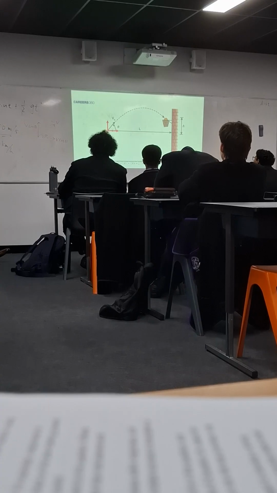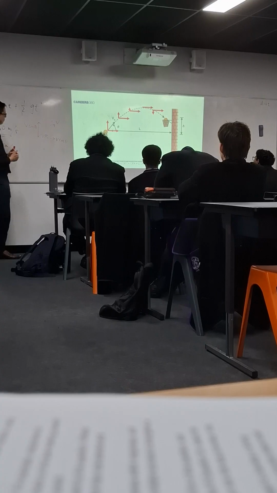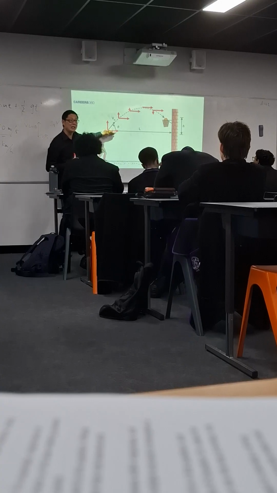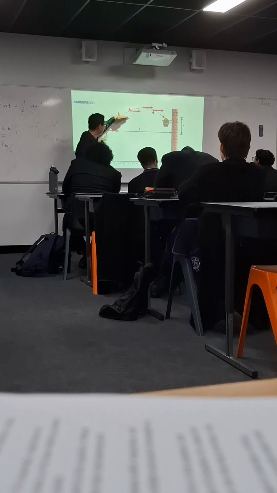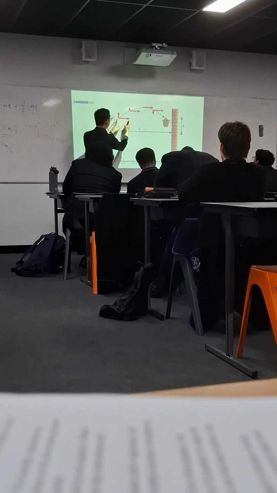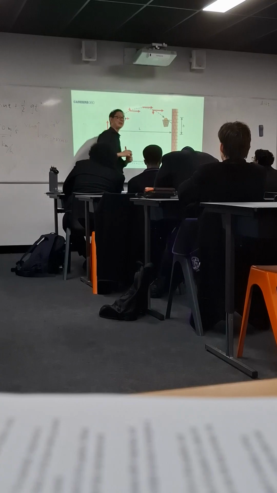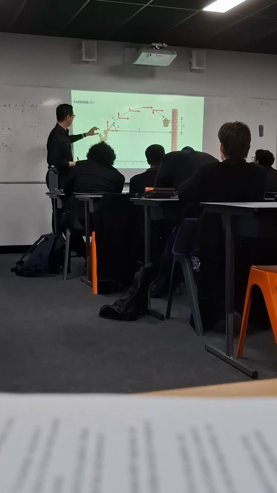As time goes by, the horizontal speed of the ball will always be constant. It will never change, provided there's no air resistance. But your vertical component is always subject to change.